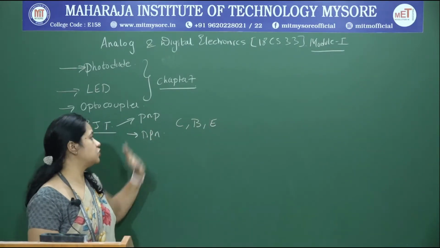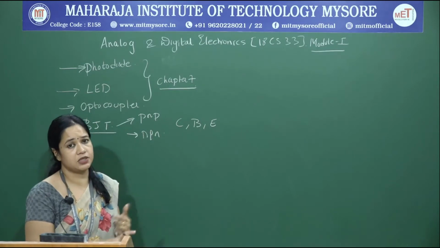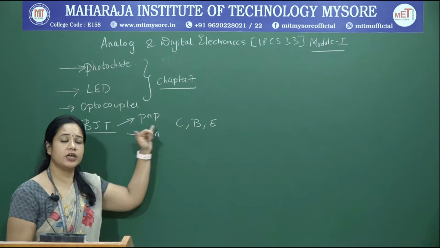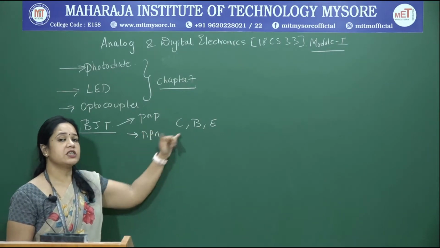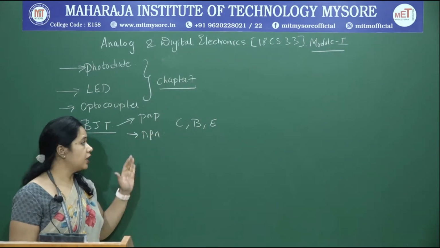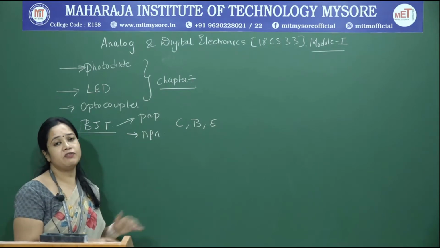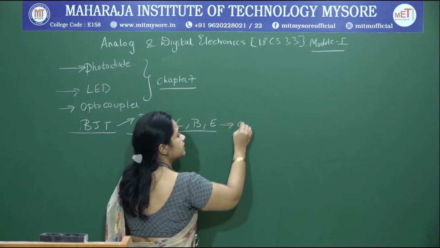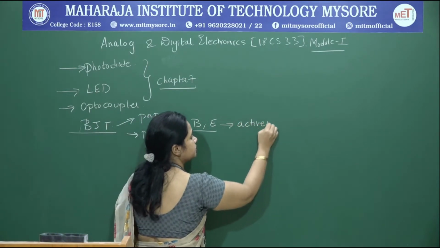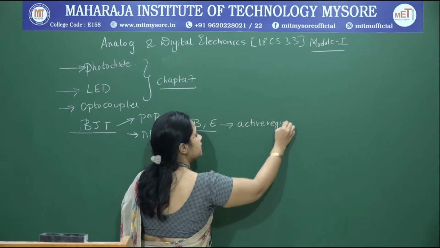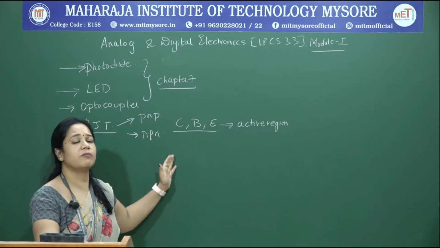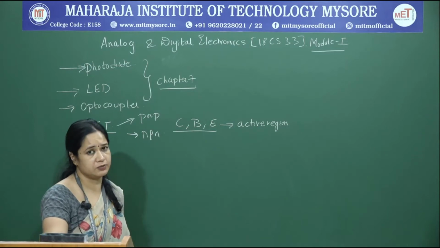Basic working of these transistors you have already seen, including the constructional details, the characteristics, and the various regions in which a transistor operates. For amplification purposes, you see to it that the transistor is always working in the active region. To keep the transistor in the active region, the base emitter junction should be forward biased and the collector base junction reverse biased.